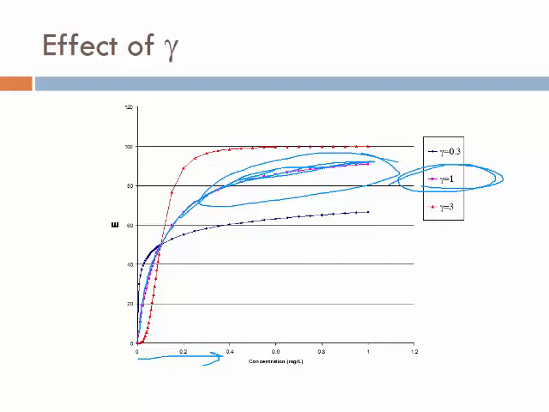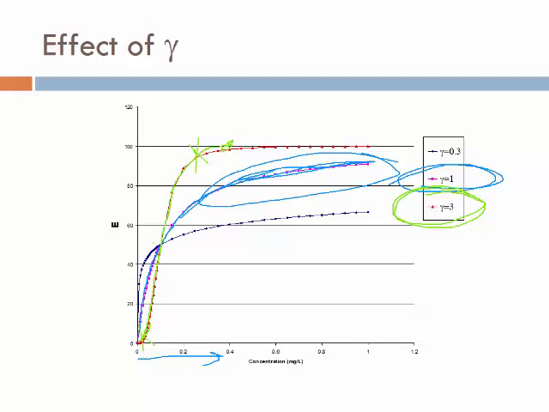If we make our gamma larger, so we go to a gamma of 3, what do we see different? Well, they have the same C50, so they have the same potency, but as we increase the concentration, we see that the effect increases very rapidly to 100%, really by here, and almost 100% here.